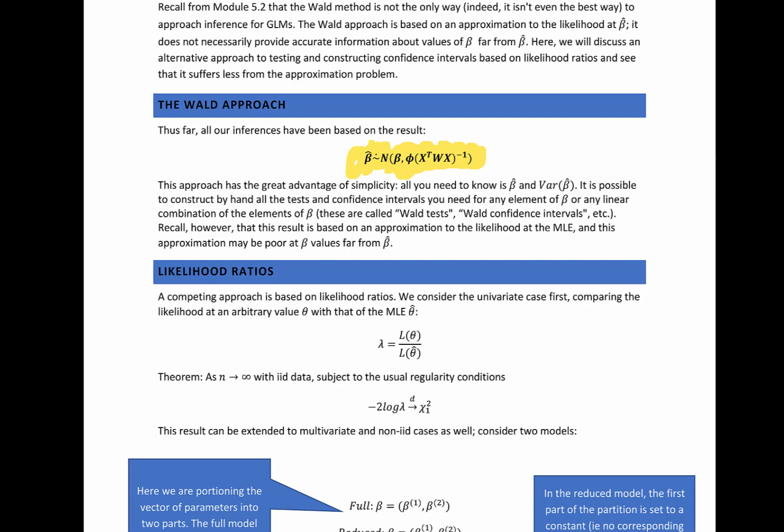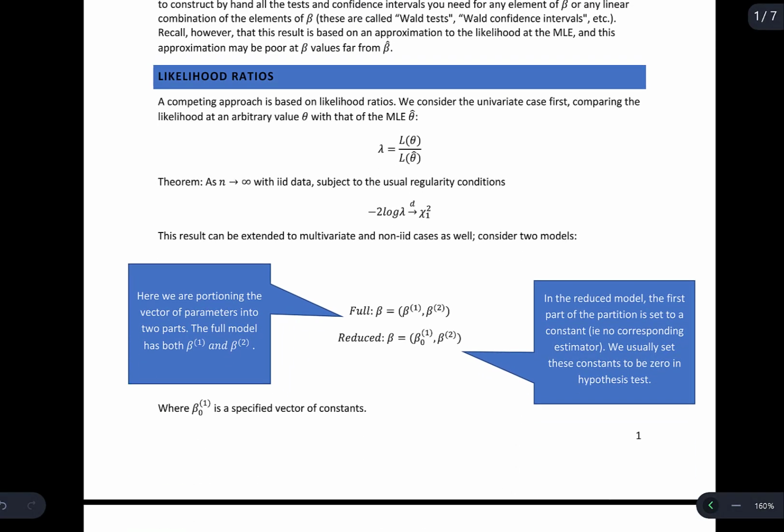So now let's consider likelihood ratios. A competing approach is based on likelihood ratios. We consider the univariate case first, comparing the likelihood at an arbitrary value of theta with the MLE theta hat. Here we could construct a lambda equal to the likelihood evaluated at theta over the likelihood evaluated at theta hat.